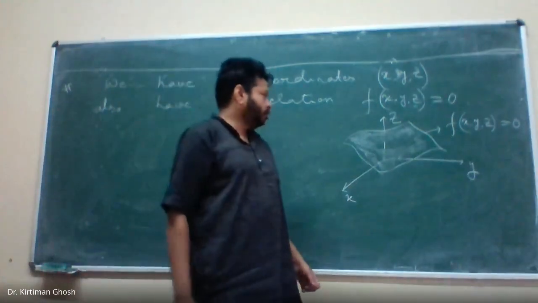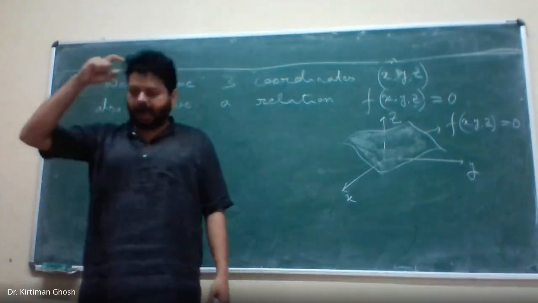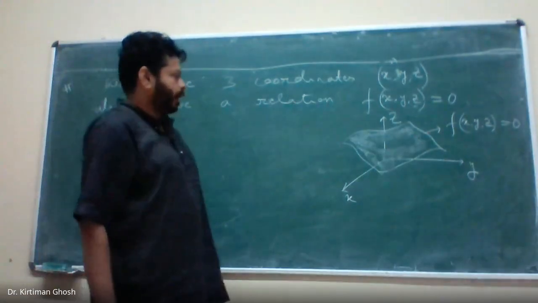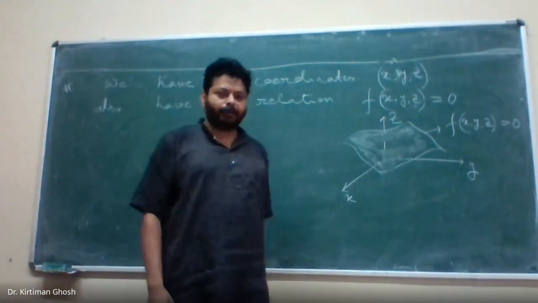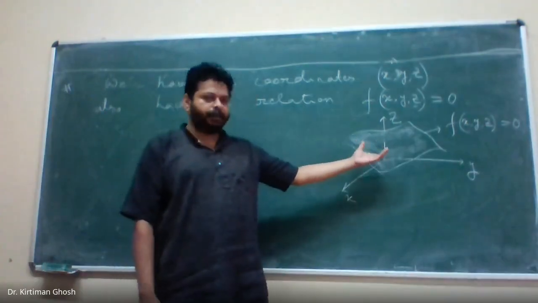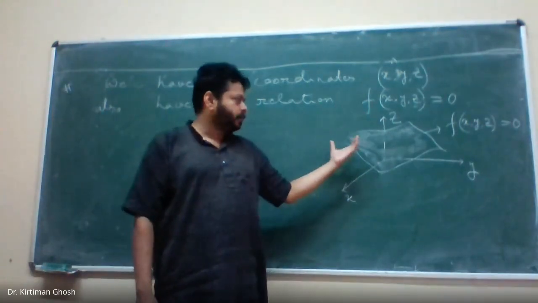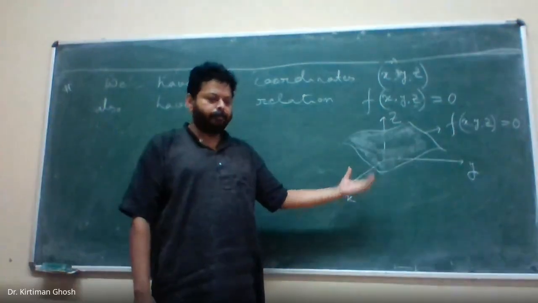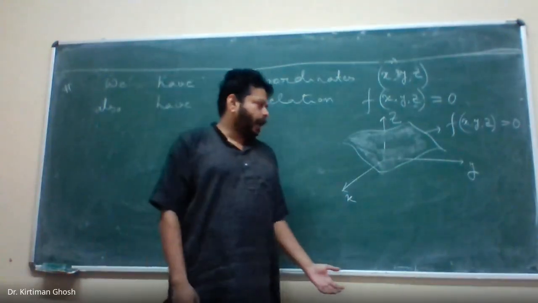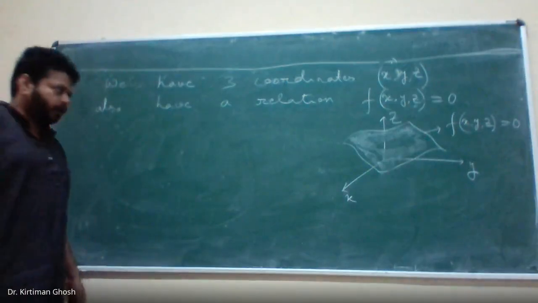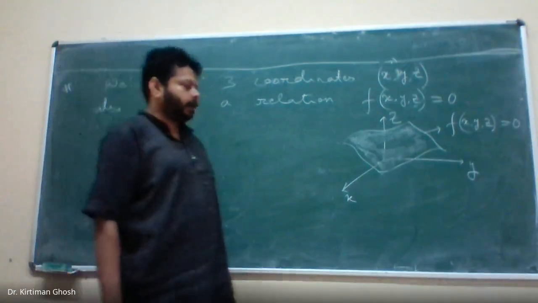Now you can go back to the previous diagram that I have drawn. I have drawn a similar kind of surface, right? In the previous diagram, the picture was the same. In that diagram, I drew a two-dimensional function f, which is a function of x and y.